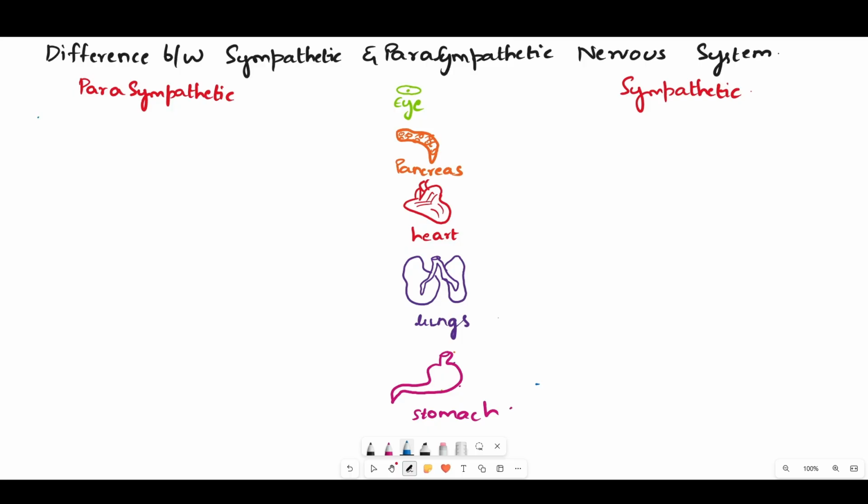So, in the parasympathetic nervous system, the effect on the eye region is that it is useful for constricting the pupil. Similarly, in the sympathetic nervous system, the effect on the eye is that it is useful for dilating the pupil.